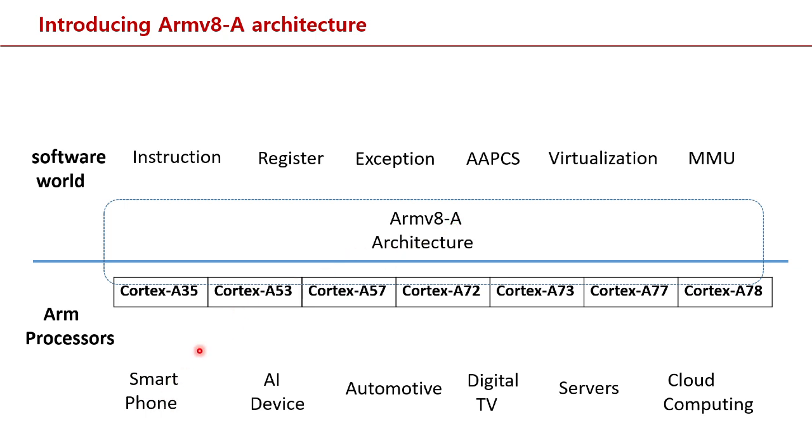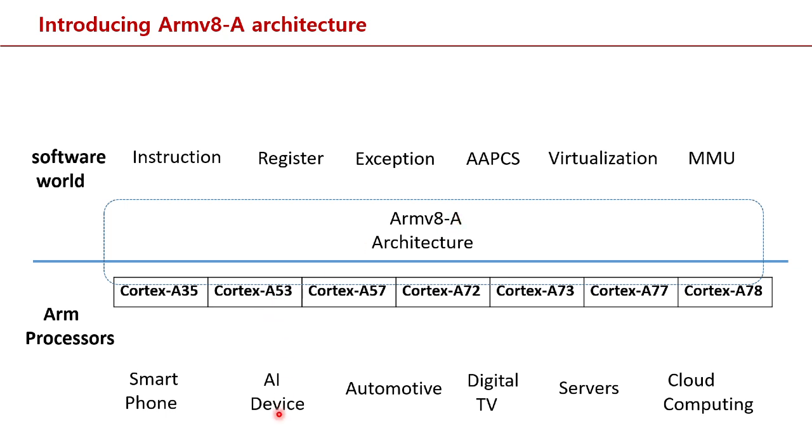Remember that the ARMv9-A architecture comes from the extension of the ARMv8.5 architecture. So we can say that smartphones these days are based on the ARMv8 architecture, but most of the features of the ARMv9-A architecture are comparable to the ARMv8.5 architecture.